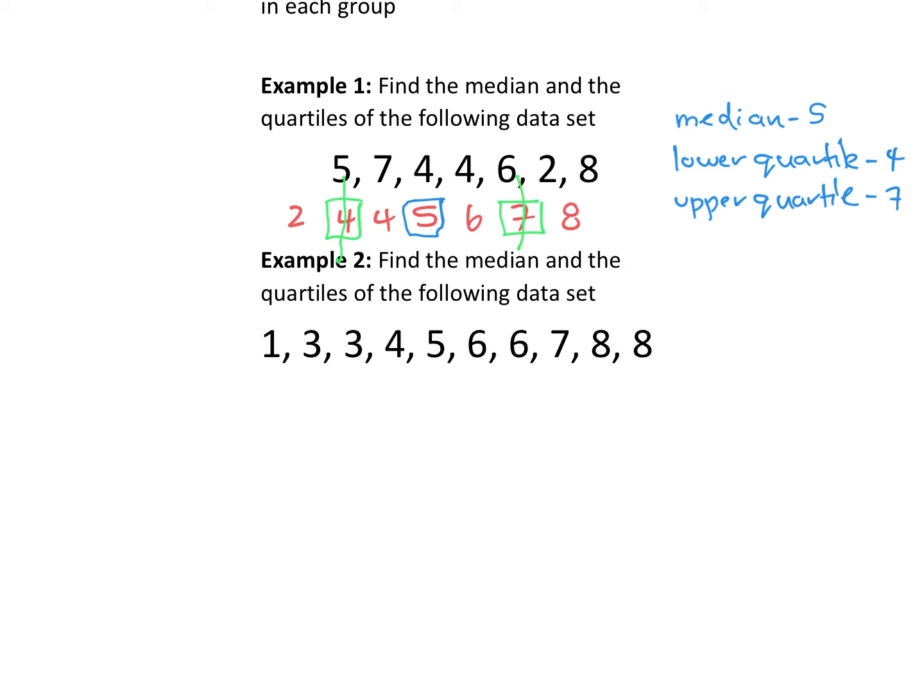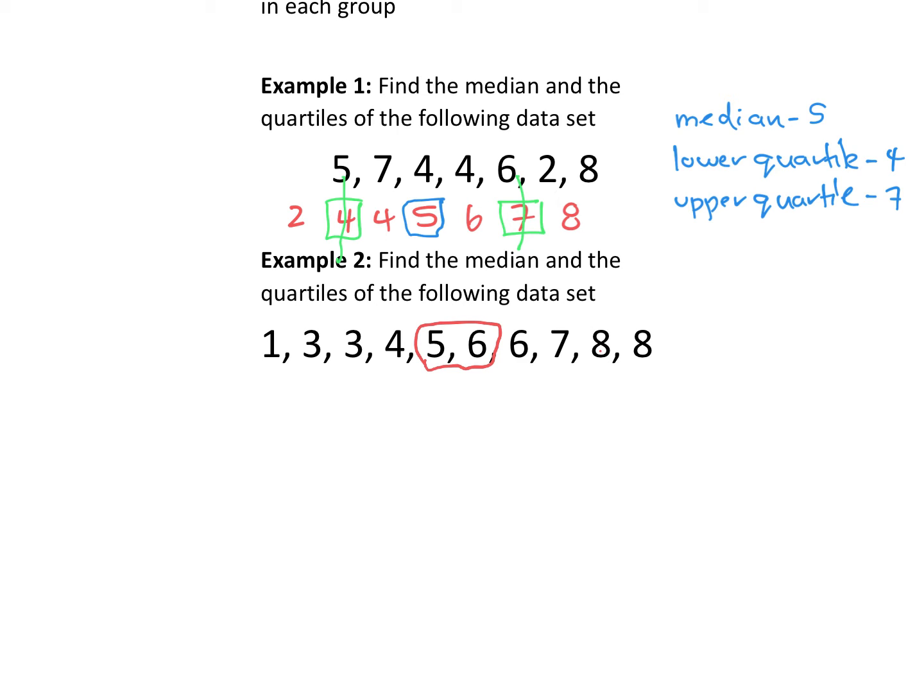In example 2, I see that they are arranged in order from smallest to largest, so that saves me a bit of work. I don't have to put them in order. So let's count how many numbers there are. 1, 2, 3, 4, 5, 6, 7, 8, 9, 10. There's 10 numbers. So if there's an even number, we might have to average to find the middle. So the middle would be these 2 numbers here, 5 and 6.